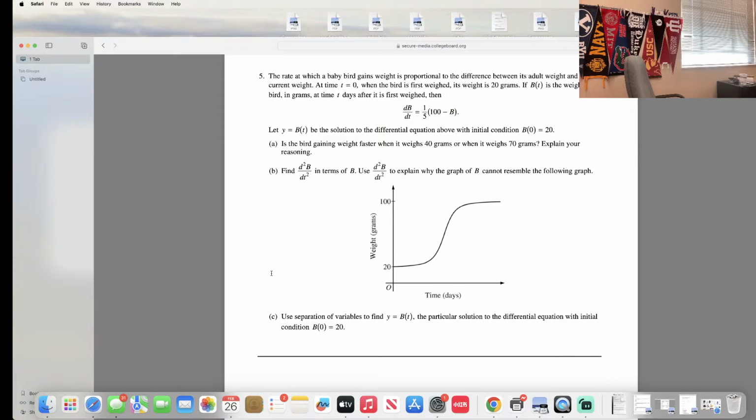That's a good thing about when you take the derivative.